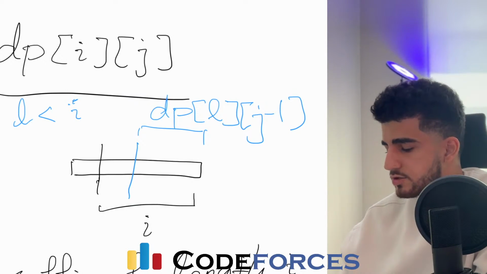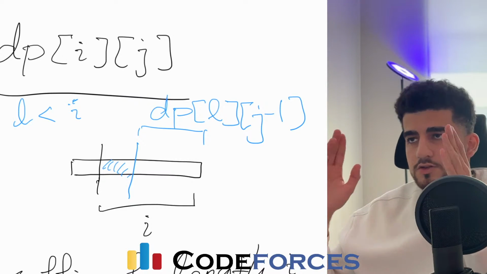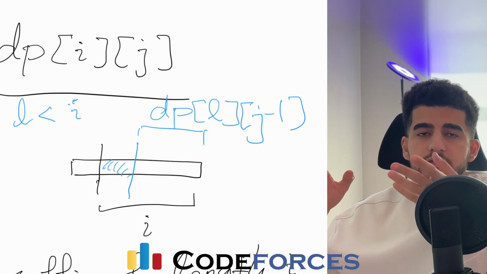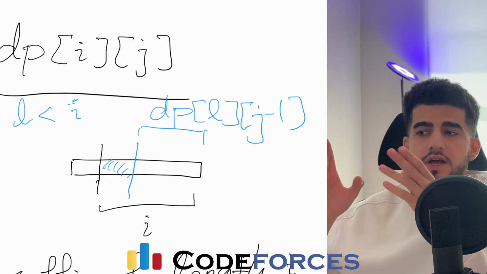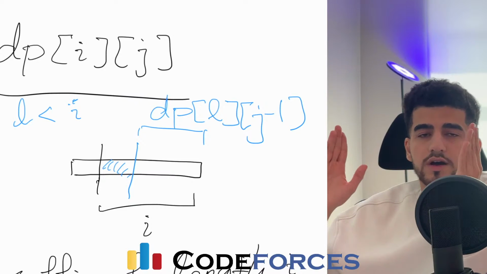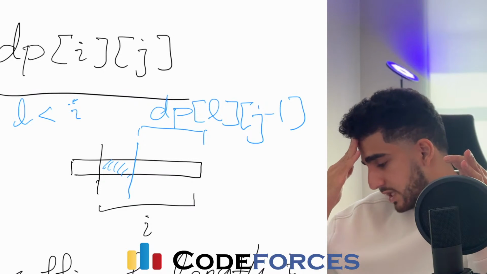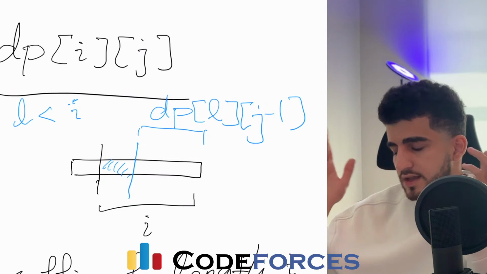Because I can just choose an interval, a prefix of this suffix, and I say that, okay, it uses a number and it will cover one number, and the length of this interval is this. There's always exactly one way to have an interval of that length. Okay, and then it's going to be equal to the sum of dp of L and j minus 1.